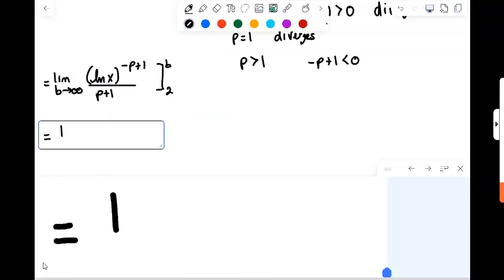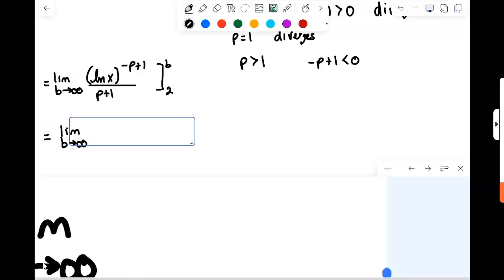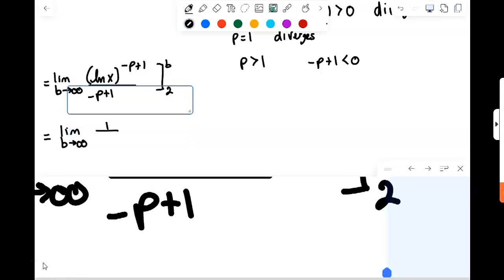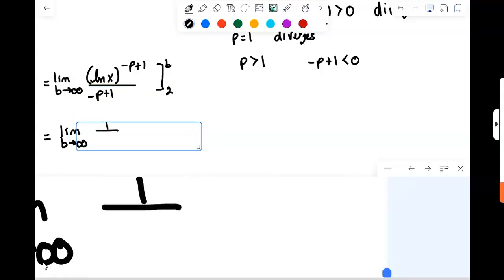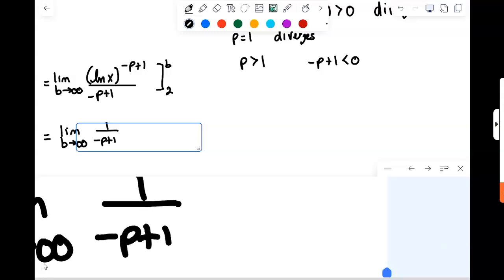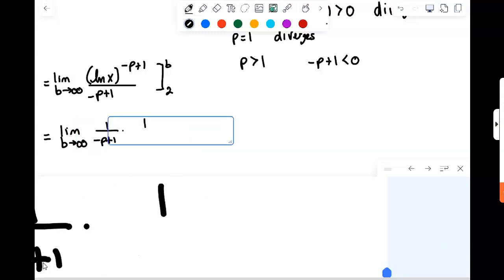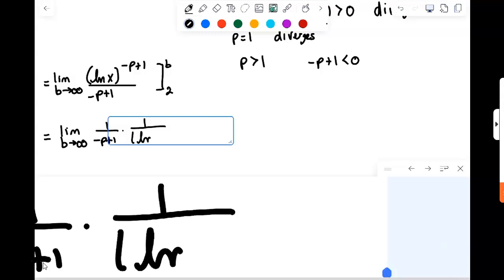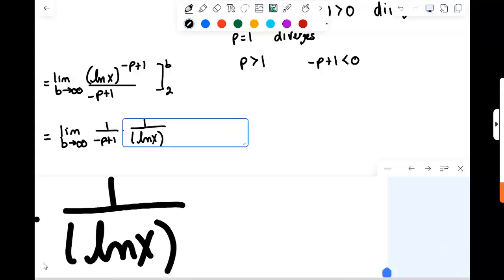So we would have the limit as b goes to infinity of 1 over minus p plus 1 times 1 over ln of x to the p minus 1.